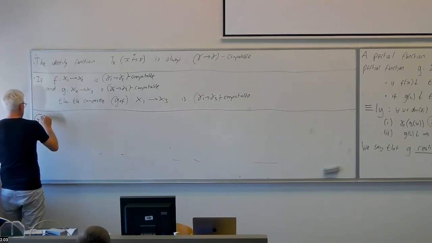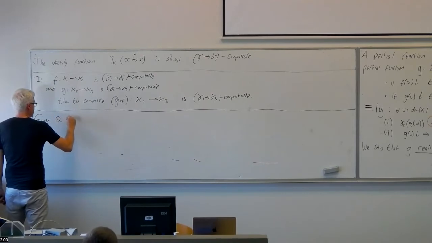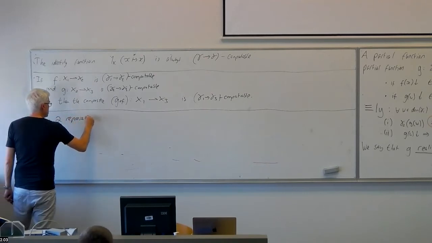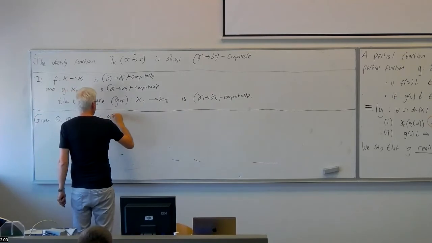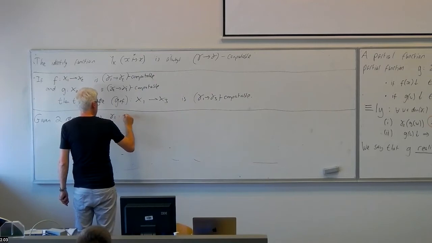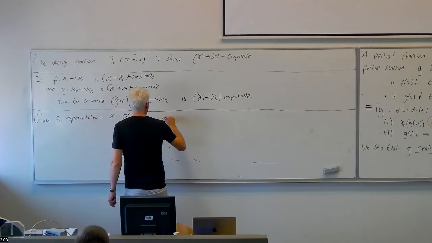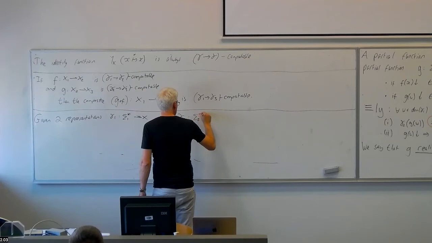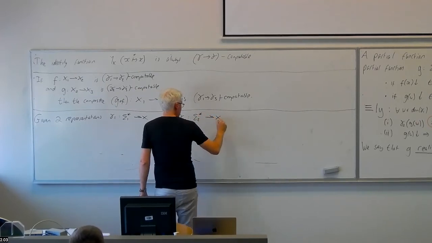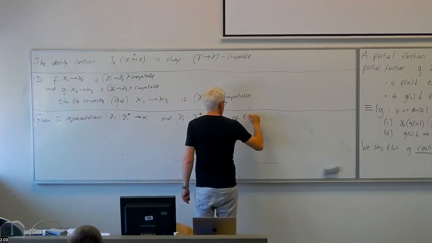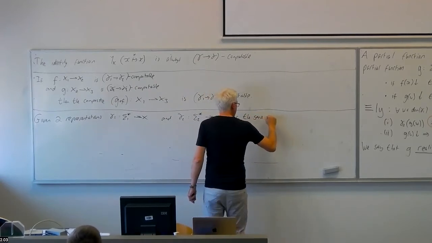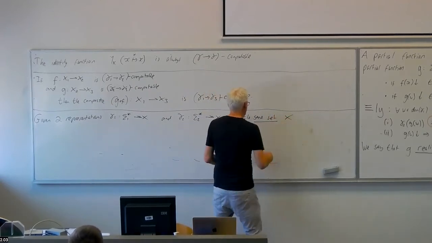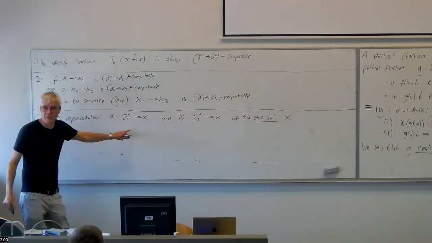So given 2 representations, gamma 1 using the alphabet sigma 1 of the set X, and gamma 2 using a potentially different alphabet sigma 2, but of the same set X. It's important that these are representations of the same set X, just like we had 3 representations of the natural numbers.